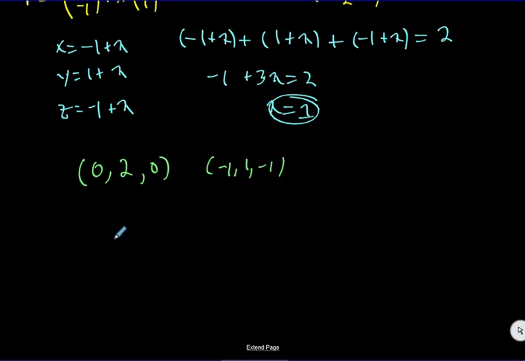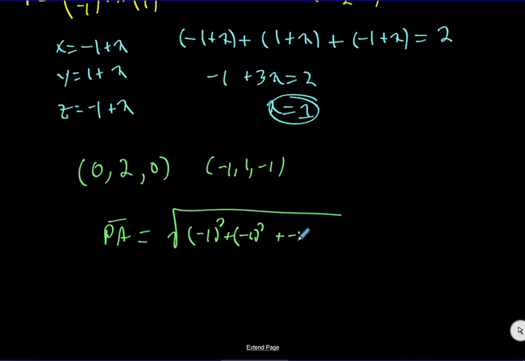So I can say PA, that distance, is going to be the square root of -1 minus 0 squared, which is -1 squared, plus 1 minus 2, which is -1 squared, plus -1 minus 0, which is another -1 squared. This is just 1 plus 1 plus 1, so my distance right here is just the square root of 3.